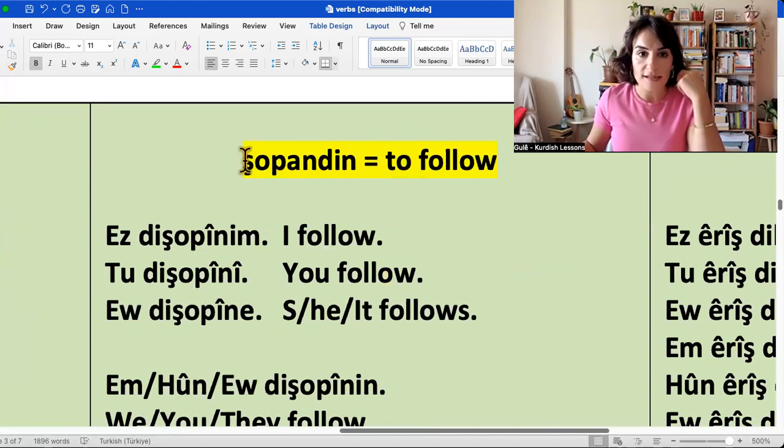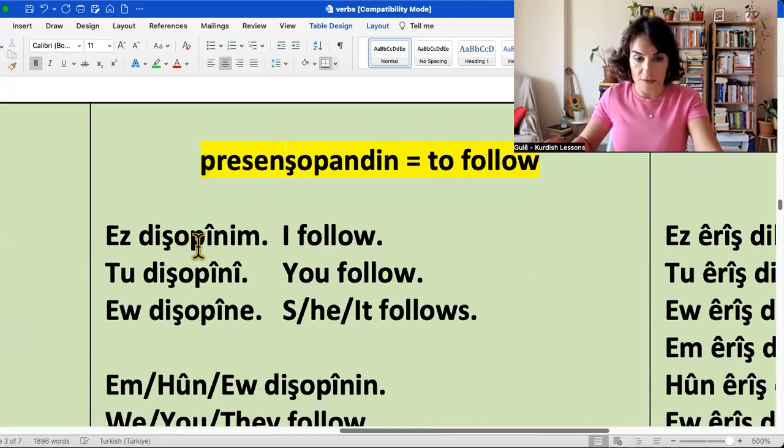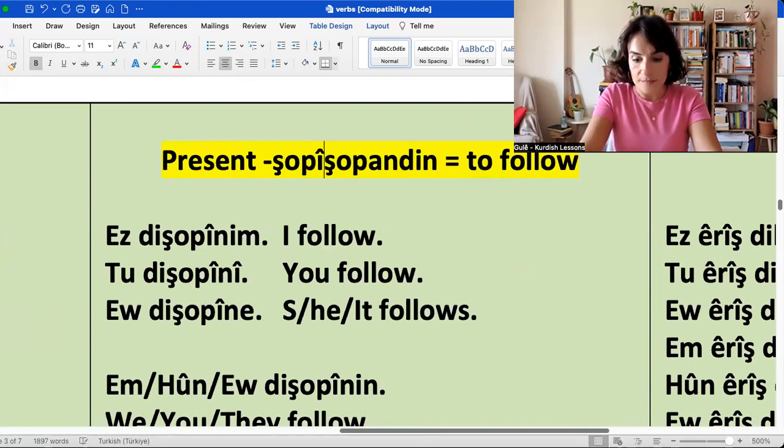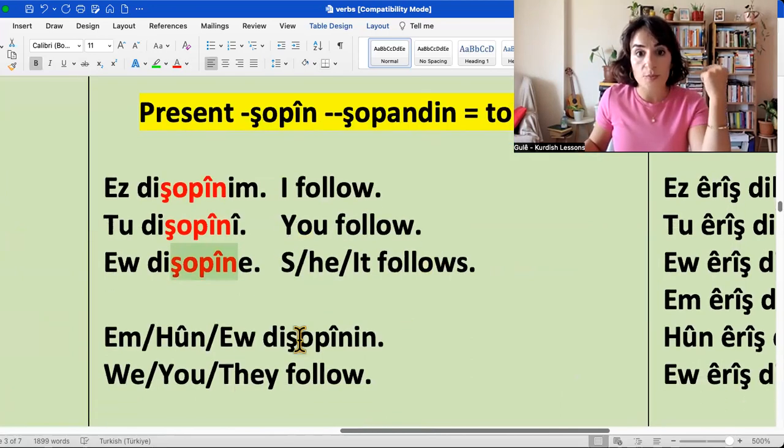And shoppanden is to follow. Present stem is shopping, as you see from conjugation. So as the shopping, to the shopping, أو the shopping, أم هون أو the shopping.